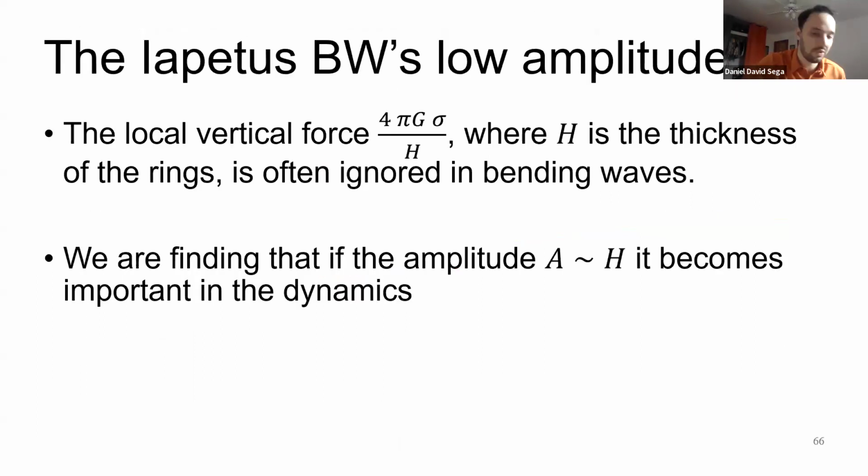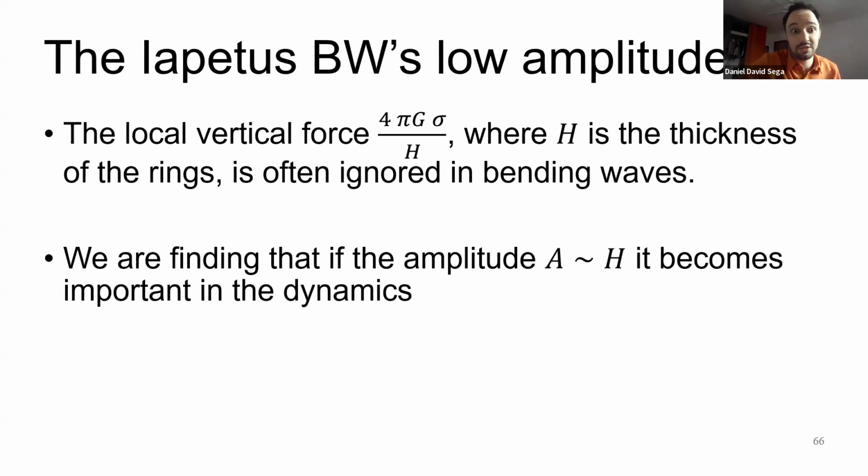Now, what we're thinking is that this has to do with the fact that the amplitude of the wave and the thickness of the ring are similar. Normally in bending wave theory, the ring is taken to be thin, because that's true when you compare it to the amplitude of the wave.